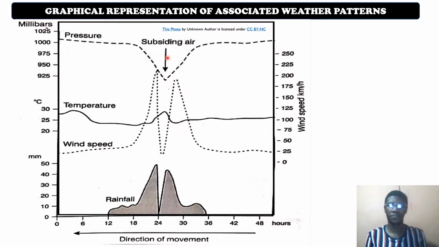And again, another feature that we think about is what happens to the pressure. When your temperature starts shooting up, you'll notice that your pressure decreases significantly. It's because at the center of the system where you find your eye, you have the lowest pressure, the most intense low there. And you see that your pressure is 925 millibars.